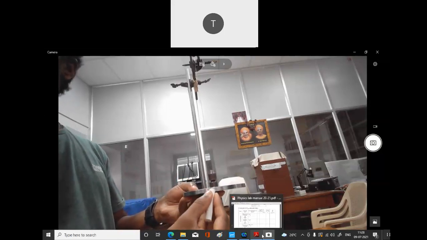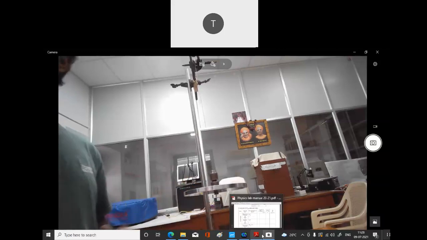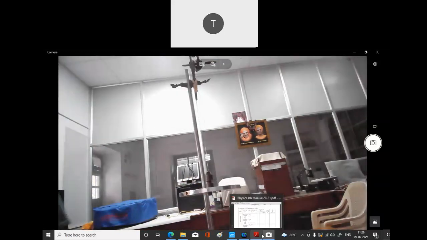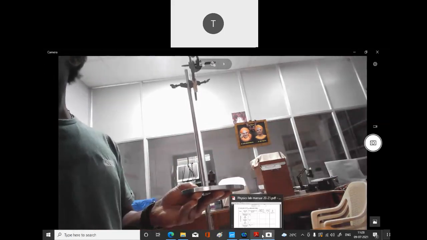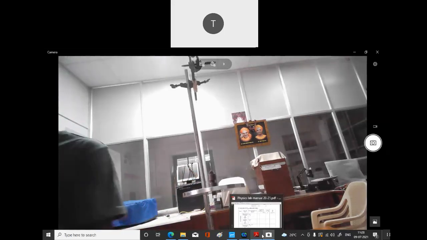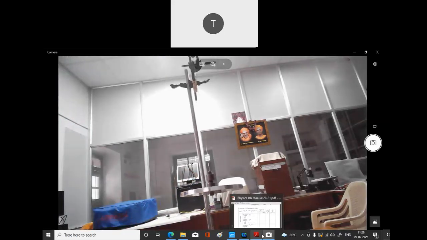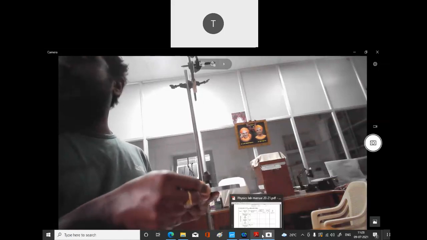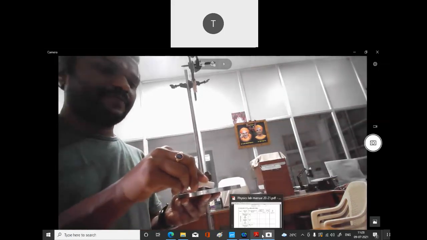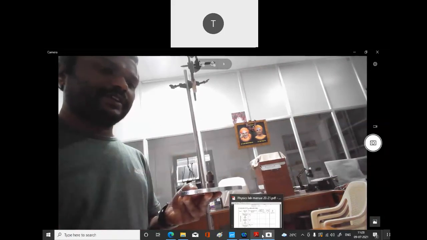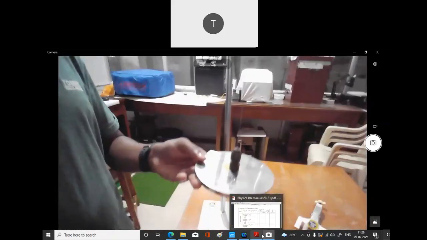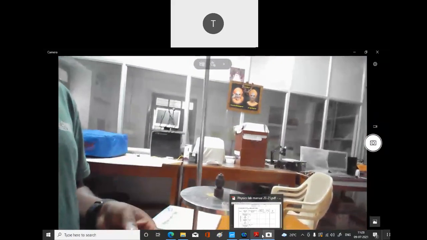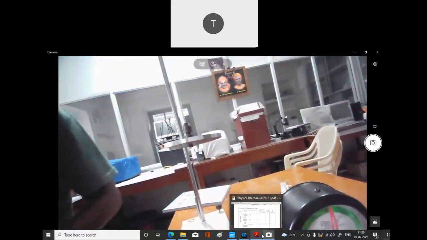I guess you can see that, but there is too much light. Maybe you can see, I think I will show it like this. Right now it is too much light.